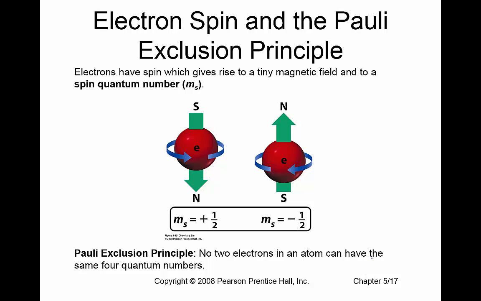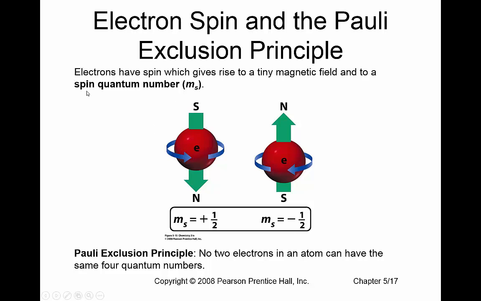So here are two pictures of the electron. In this case, the electron is spinning counterclockwise, and as it does so, it generates a magnetic field with, say, the north magnetic pole pointing down and the south magnetic pole pointing up. We call this particular spin, spin up.